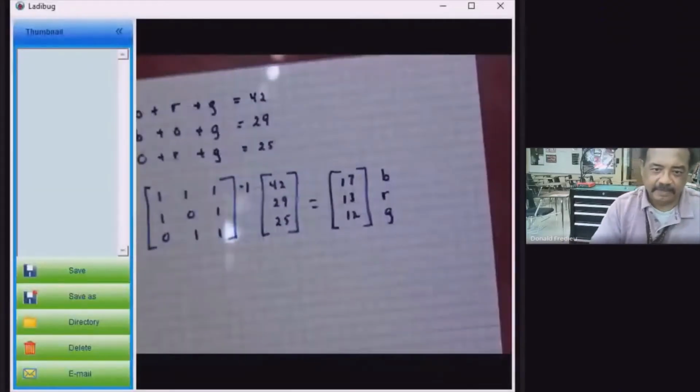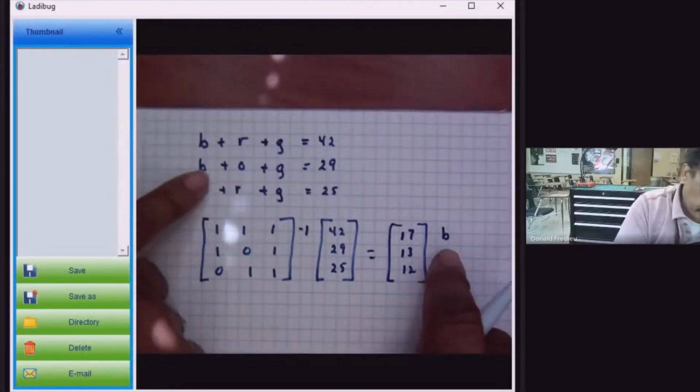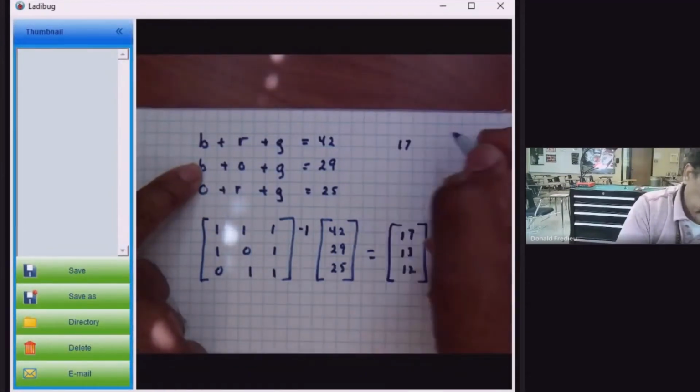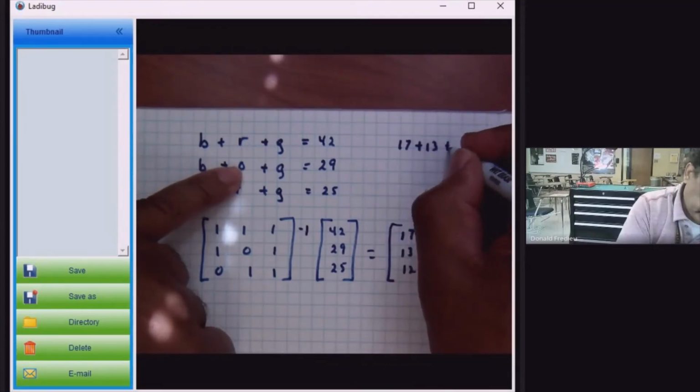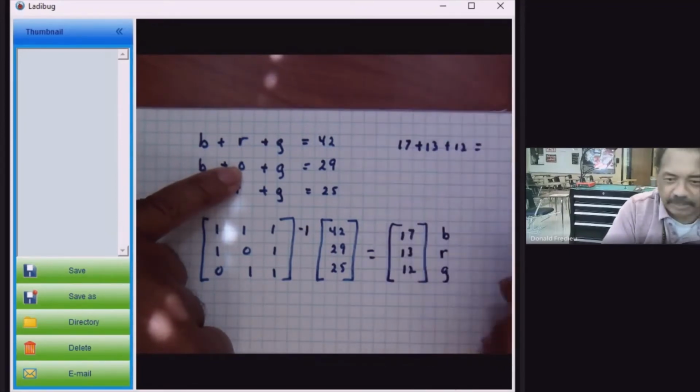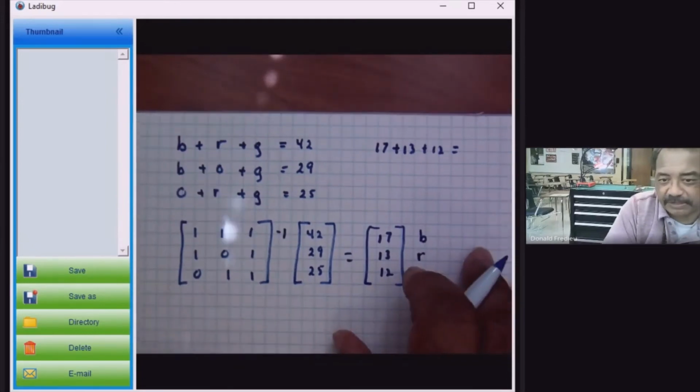So I'm going back to Ladybug. Now, if this is true, 17 plus 13 plus 12 should equal 42. Does that equal 42?